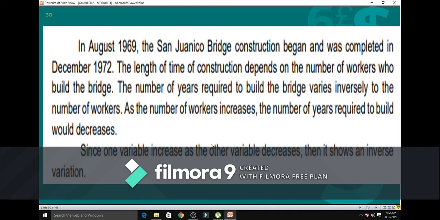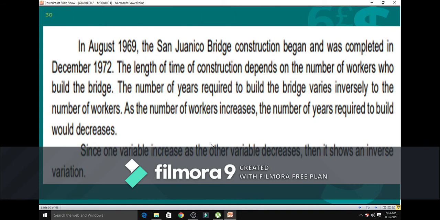Sa tingin nyo, kung isa lang yung gumawa ng bridge, matatapos niya ba yon in 3 years time? So, hindi, di ba? So, the number of years required to build a bridge varies inversely to the number of workers. So, nakadepende kung gaano katagal matatapos ang construction ng isang bridge sa bilang ng manggagawa.